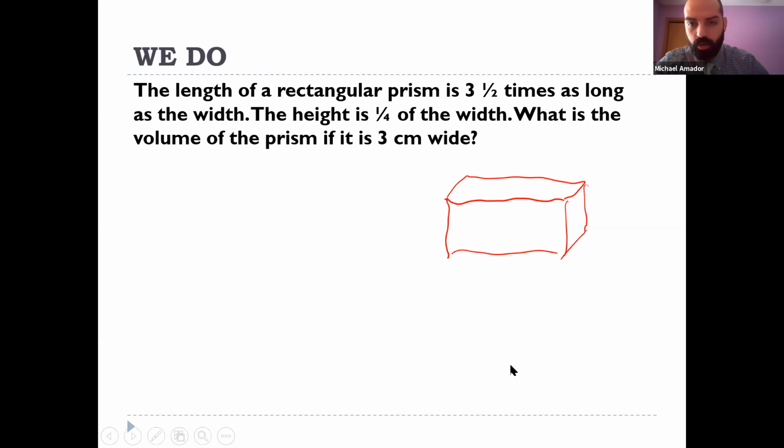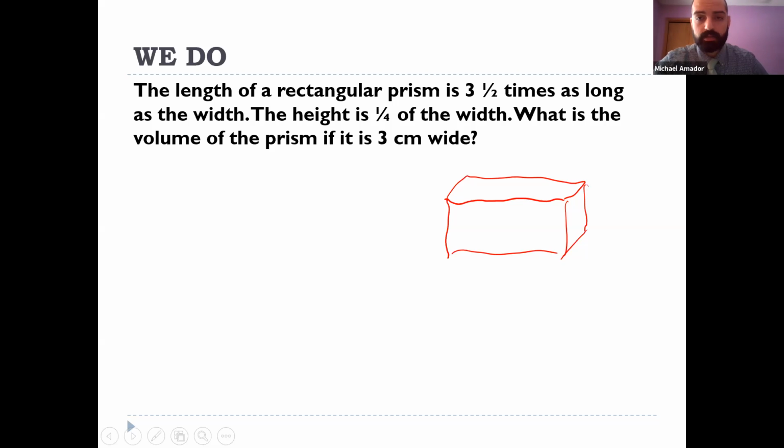I'm going to call on Synovia. Synovia, what is this problem asking us to find? This problem is asking us to find the volume if the width was a different dimension.